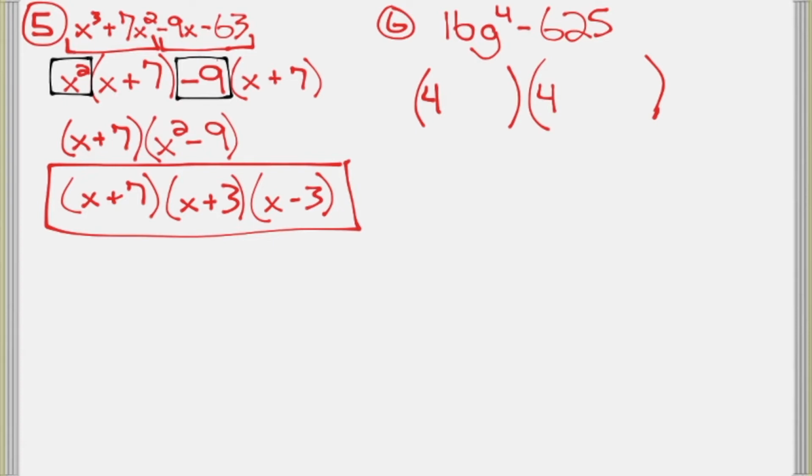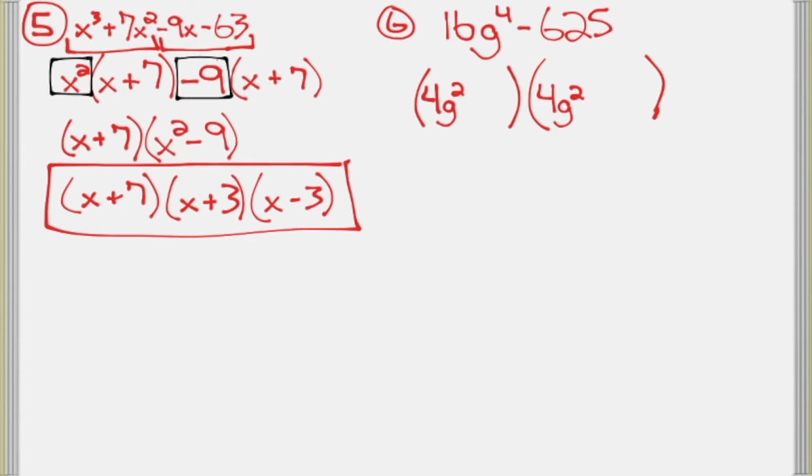Well, product of powers property says when you multiply things, you add the exponents. So if you do g to the second multiplied by g to the second, then that gives you g to the fourth. So that would be the first thing that we have to look at is how do we take these first two terms that I wrote out there and get to that 16g to the fourth. And we get that by 4g squared multiplied by 4g squared.